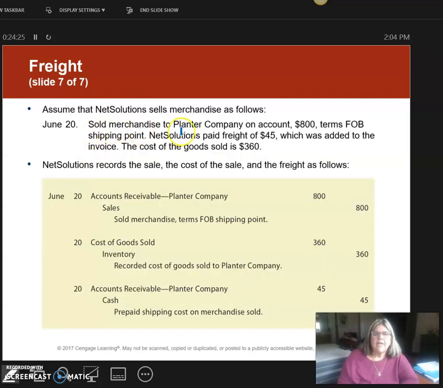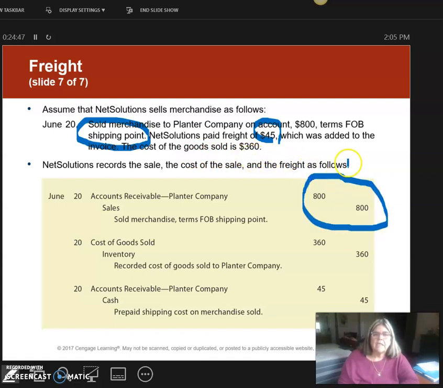So I sell merchandise to Planner Company on account, $800. Terms are FOB shipping point. The buyer's responsible. That tells me that right there. However, I paid the freight of $45 and I added it to the invoice. And the cost of the goods sold is $360. So here's journal entry number 1 to recognize the sale.